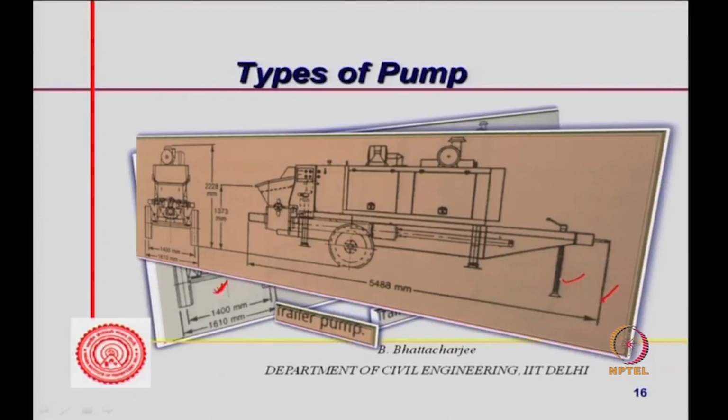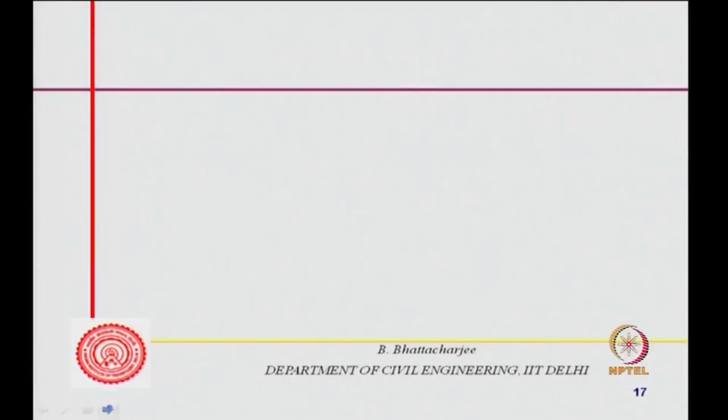So you can have a trailer mounted pump, or a truck mounted pump, and both are mobile. You can use them in conjunction with RMC very easily. So that is so far as the pumps are concerned.